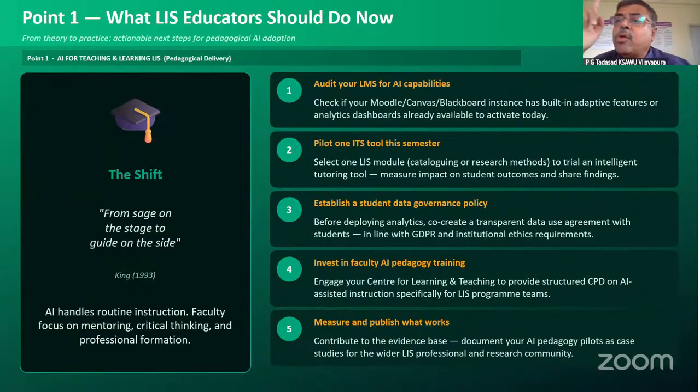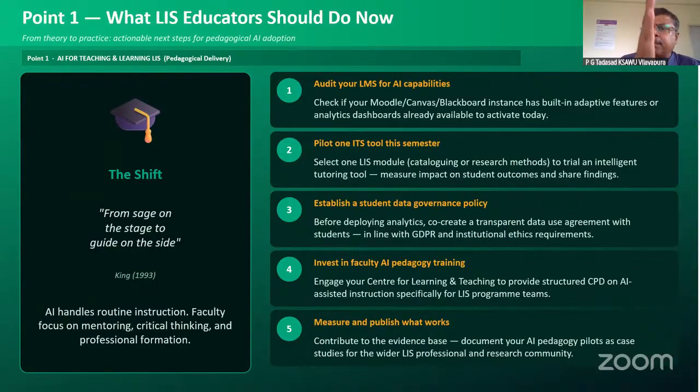Faculty can focus on mentoring, critical thinking, and professional formation. As a human being, as a teacher, my focus should be only on mentoring, critical thinking, and professional formation. I can leave the routine instruction delivery to the machine.